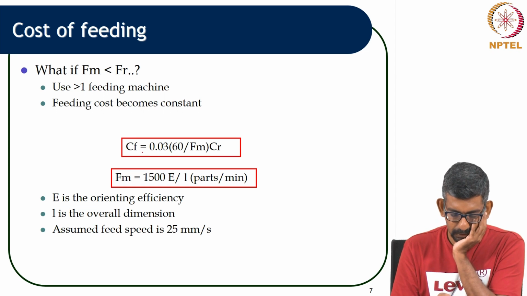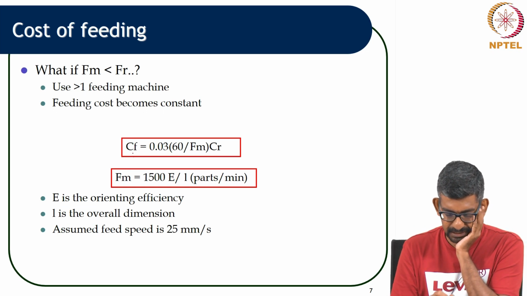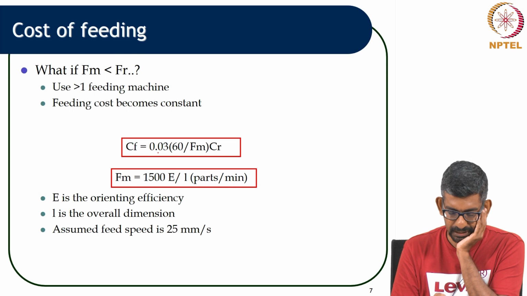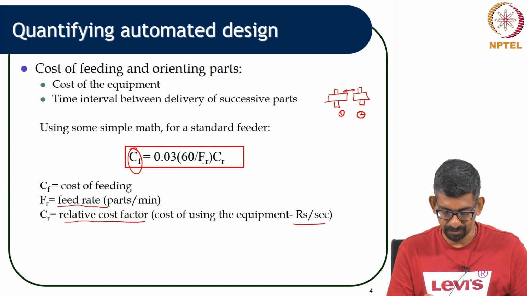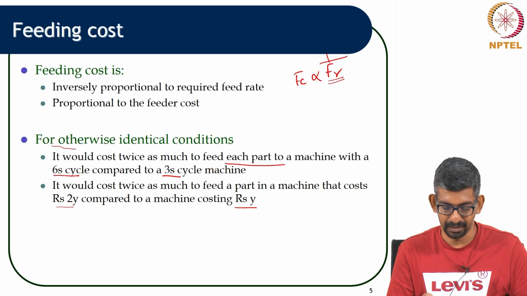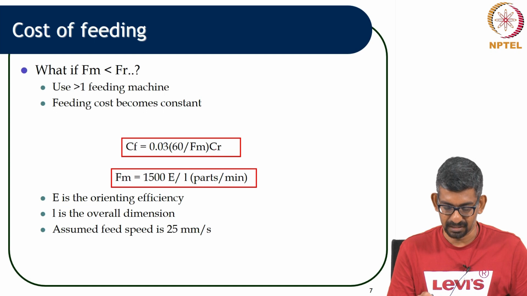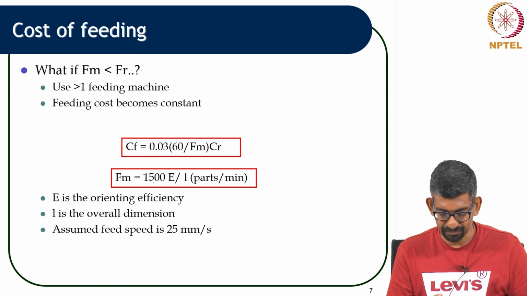So, we can write this as 0.03, the same constant, 60 times CR, but instead of FR here, you are going to put FM. So, instead of FR, we are replacing it with FM.